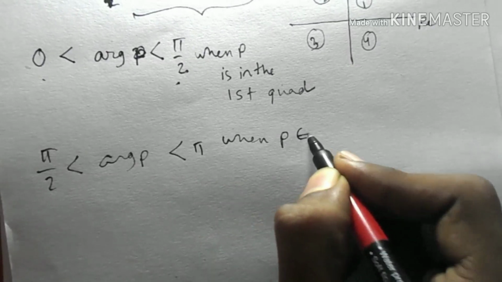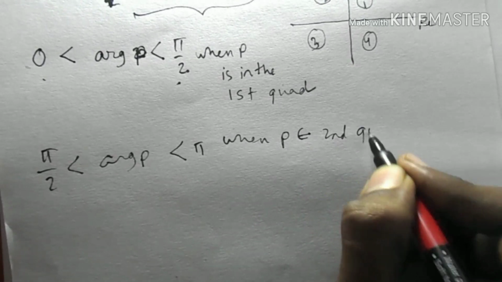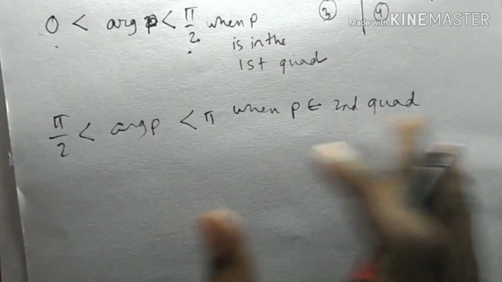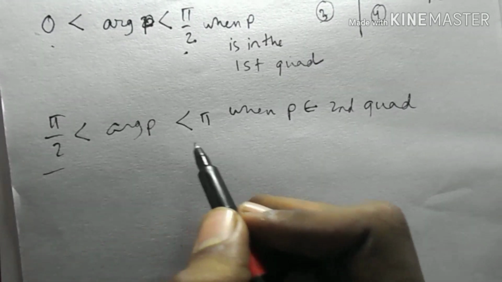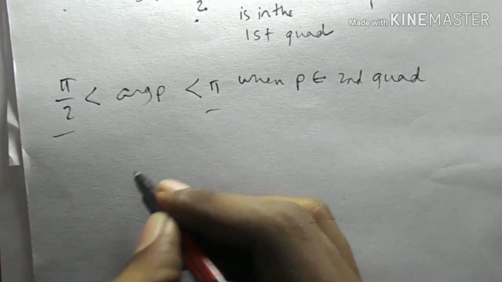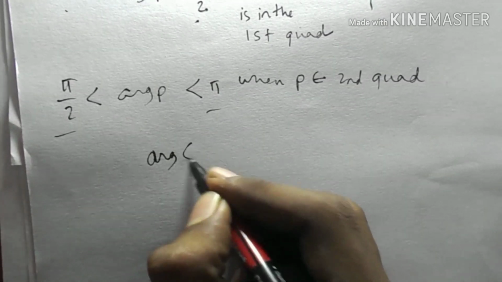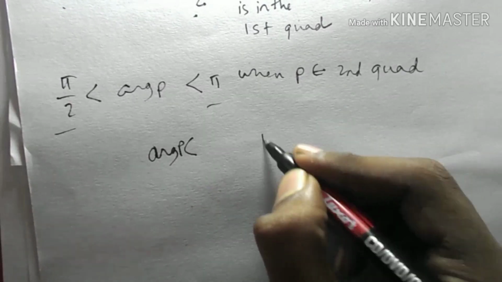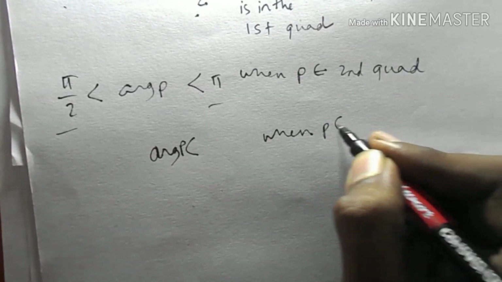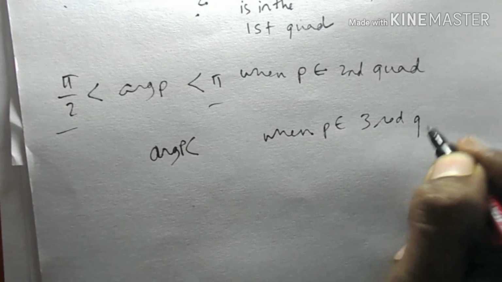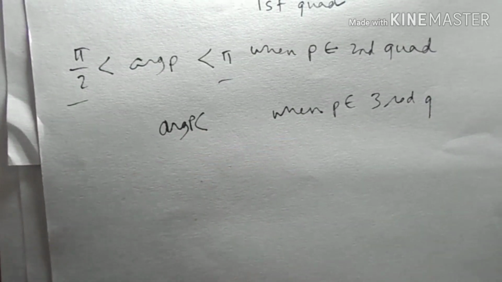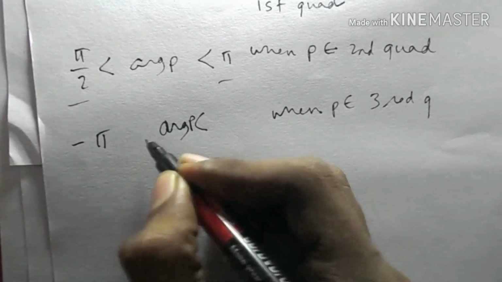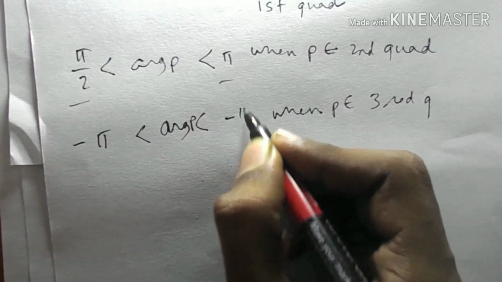So when p lies in the second quadrant, the value of the argument of p would be between pi by 2 to pi, right? So when p lies in the third quadrant, the value of the argument would be between negative pi to negative pi by 2.